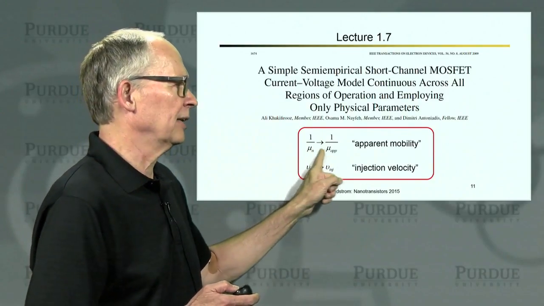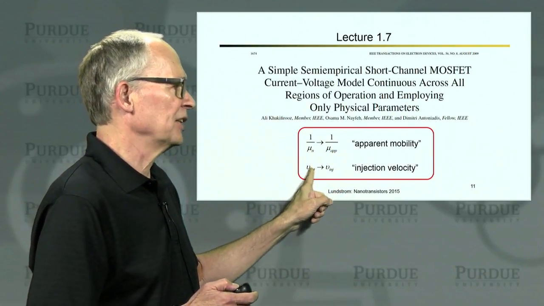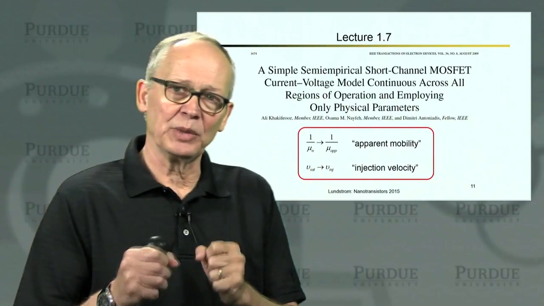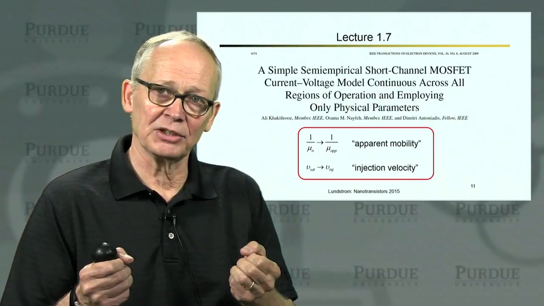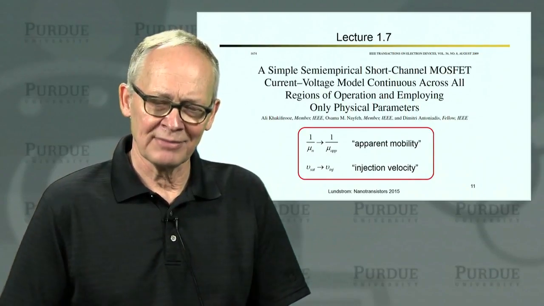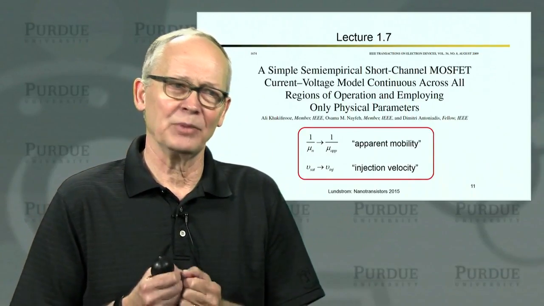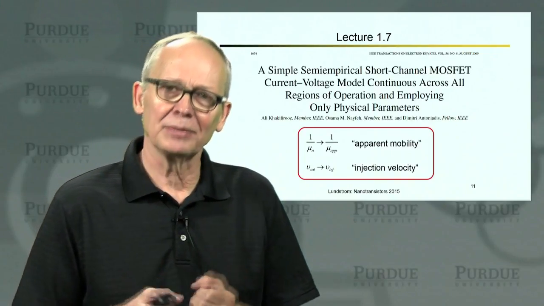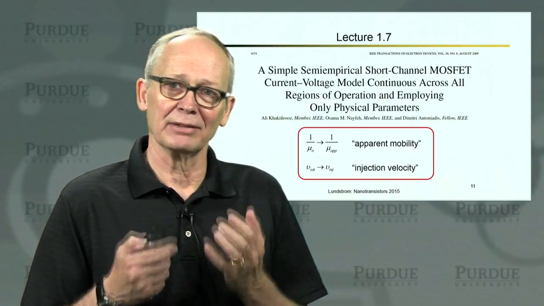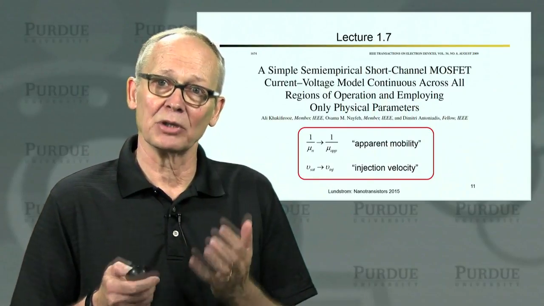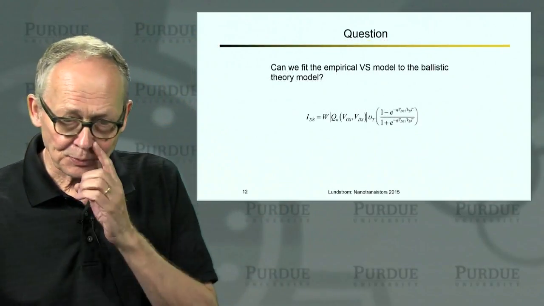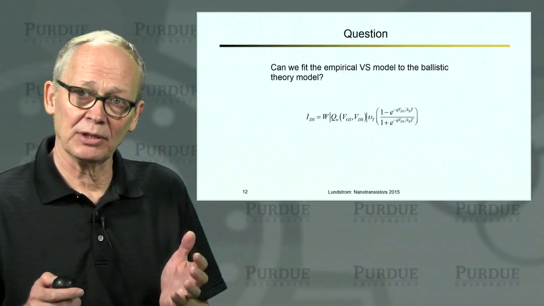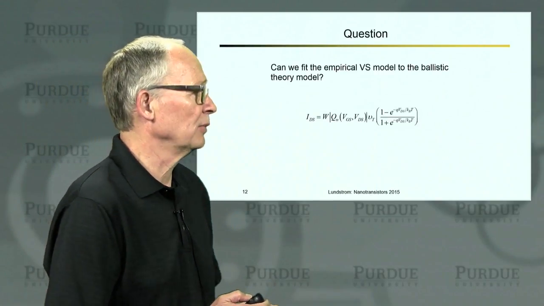The mobility becomes the apparent mobility, the saturation velocity becomes the injection velocity, and then we can tweak those parameters and fit measured data extremely well. We suggested that the fact that we can do that with simple adjustments suggests that something deeper is going on that makes this theory work at the nanoscale. Well, we can examine that now in the case of a ballistic MOSFET, since we understand ballistic MOSFETs.